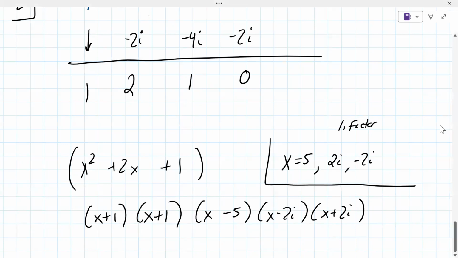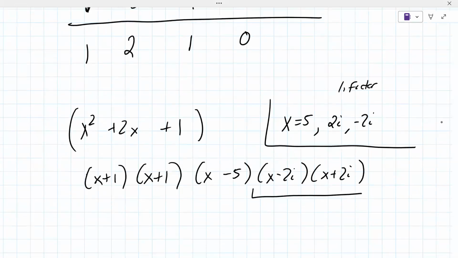Now, one thing you might check with your instructors, sometimes they don't like it in this form. They actually prefer it to be like this. You may want to double check and see what they want. Okay.